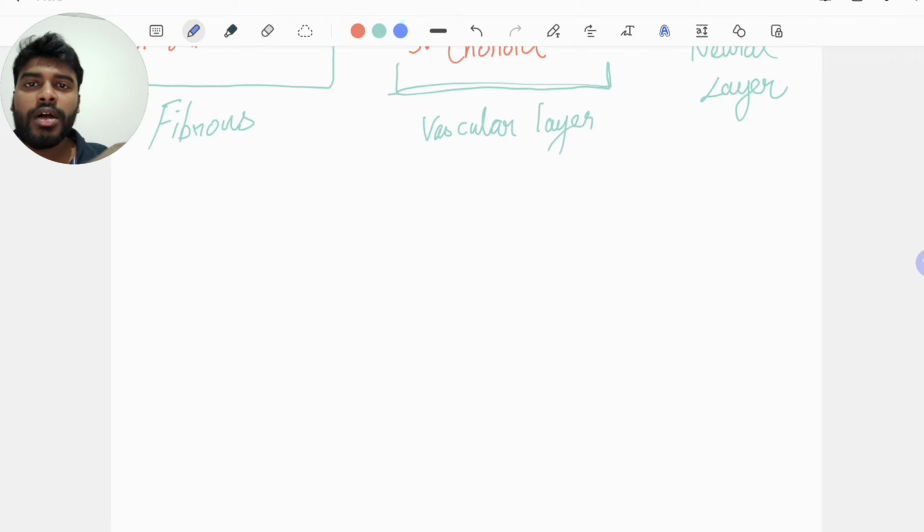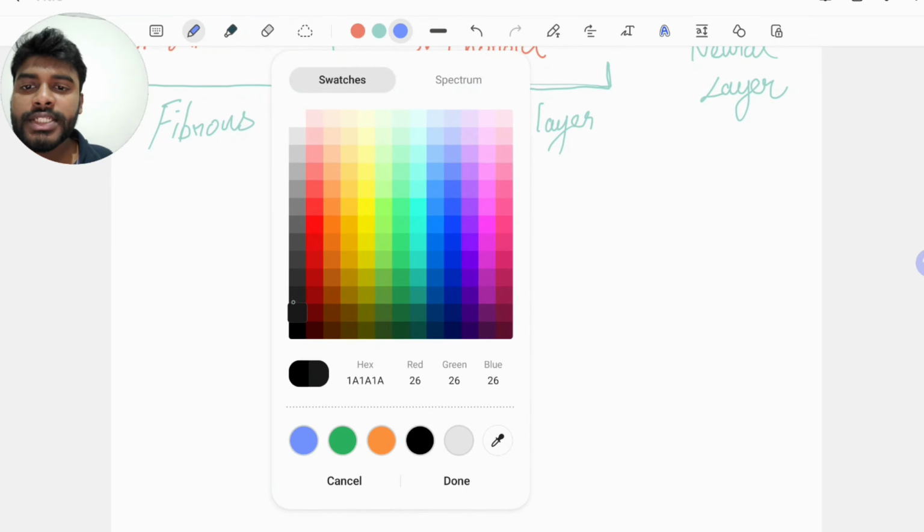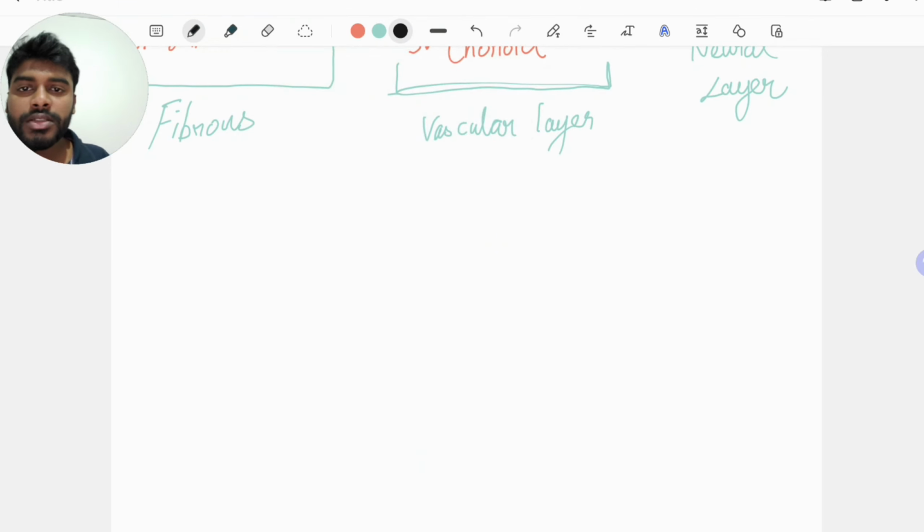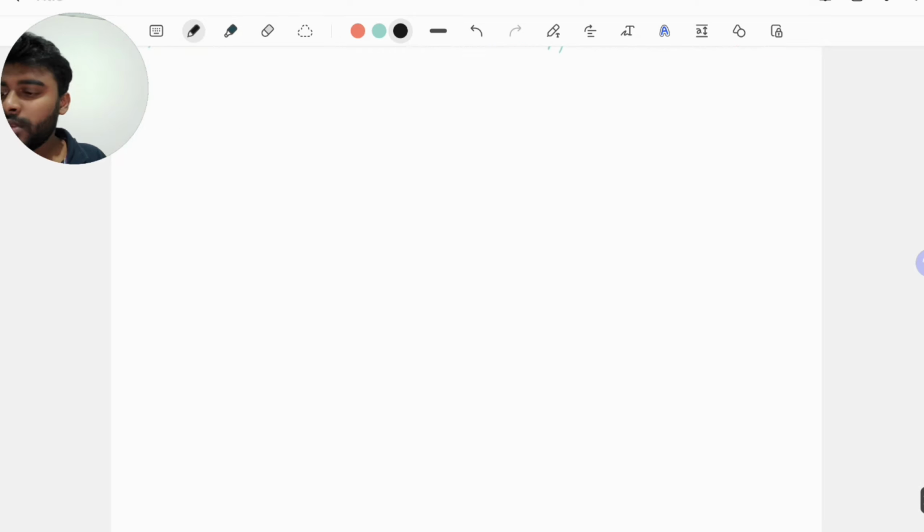Okay, now let's move on with the diagrammatic representation of the eye. First, I will draw the vascular layer of the eyeball.